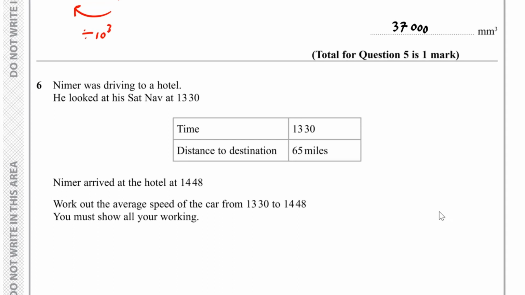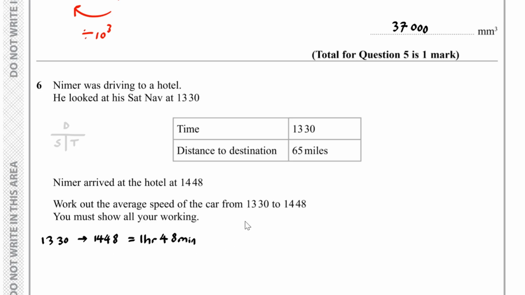So, first of all, we need to recognize over here speed is equal to distance divided by time. So what you can see over here from 13:30 to 14:48, you can see this is 1 hour and 48 minutes.